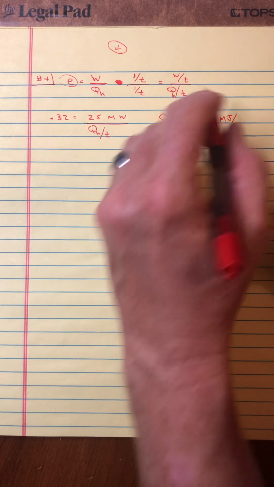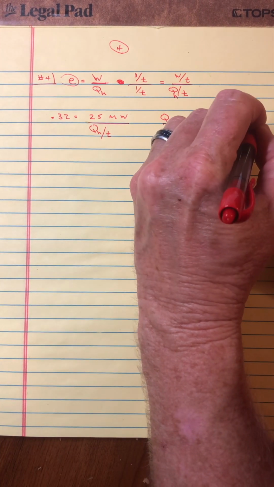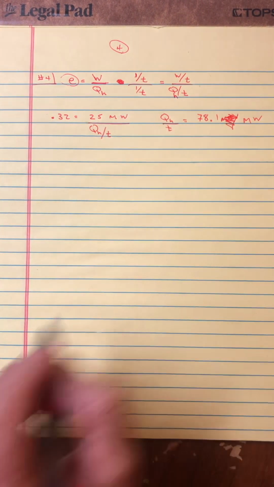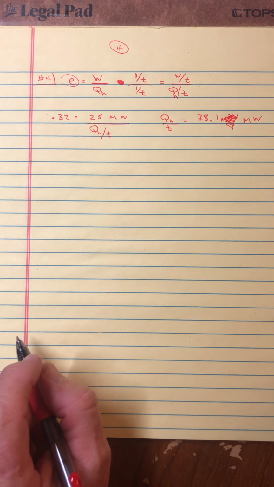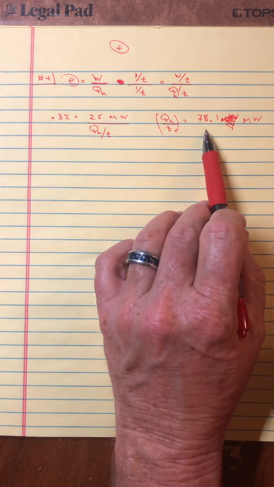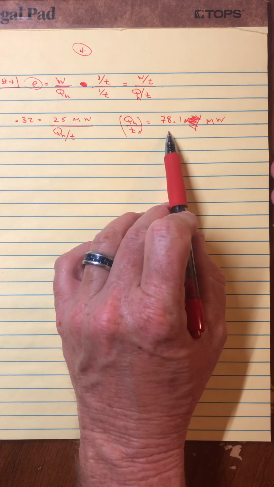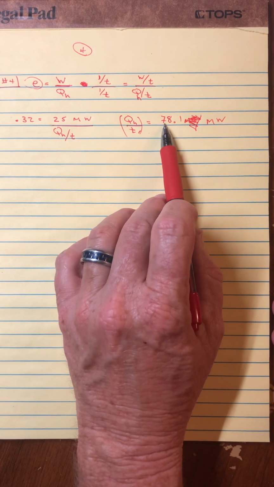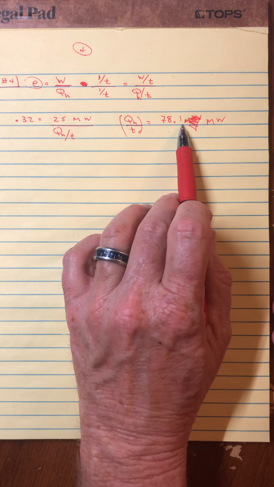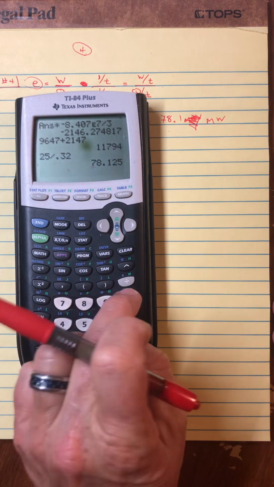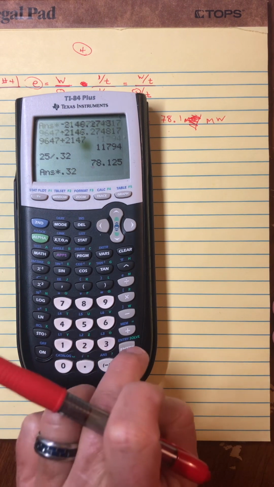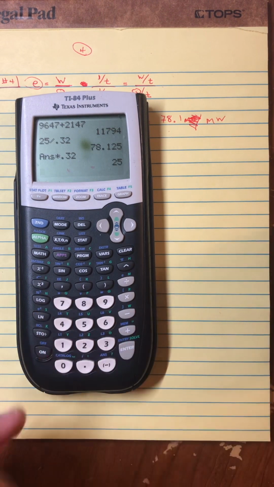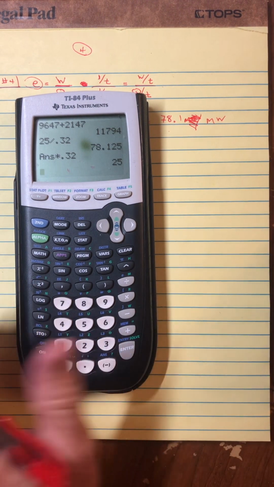So in other words, this plant must be, looking at my units here, yeah, megawatts. Okay, so this plant is burning enough natural gas that it needs to be giving off heat at 78.1 megawatts. Because when I multiply it by the 0.32, that's the percentage that gets turned into something useful.